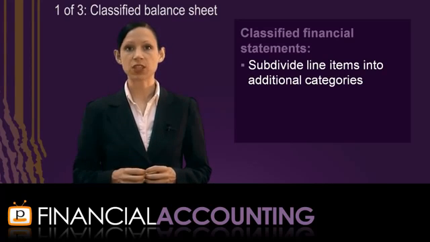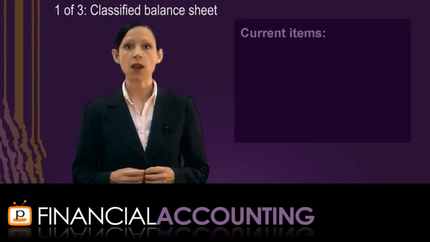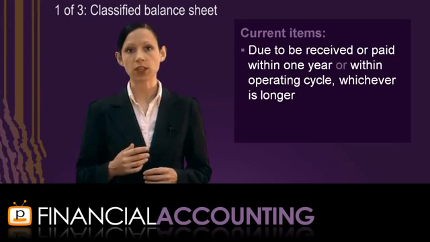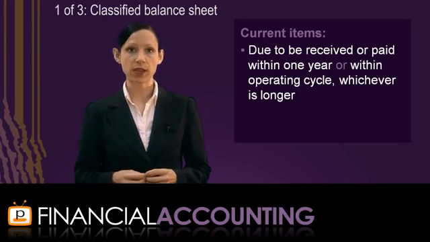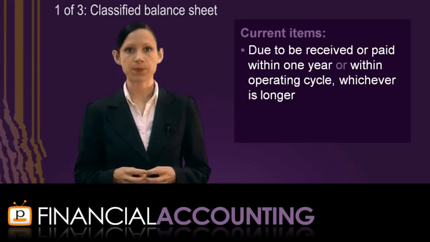In the classified balance sheet, assets and liabilities are subdivided into two main categories: current and long-term items. Current items are items that are due to be received or paid within 1 year, or within the normal operating cycle of the business, if the operating cycle lasts for more than 1 year.